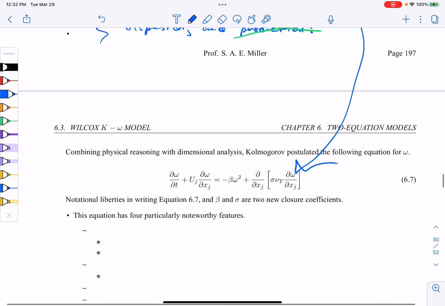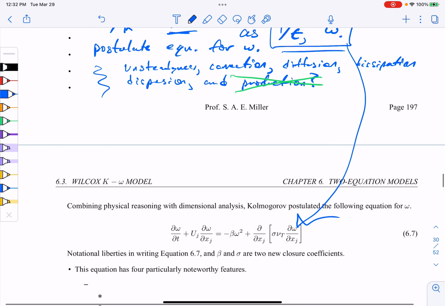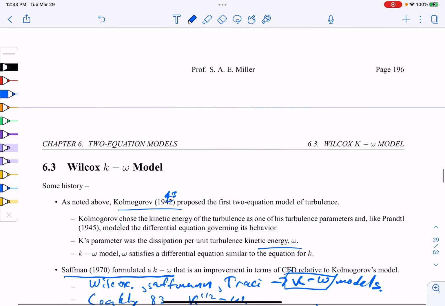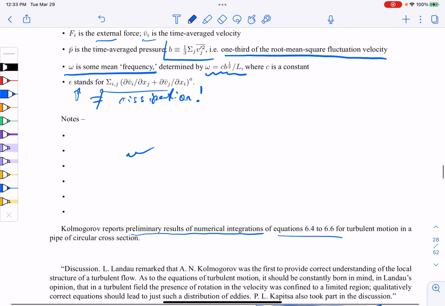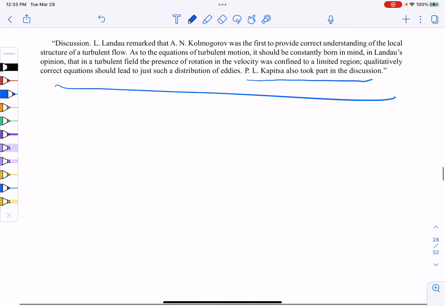Let me finish copying that. And in his work, you can look at this equation, compare it to the one I note here for omega, and it's written in a more modern way.